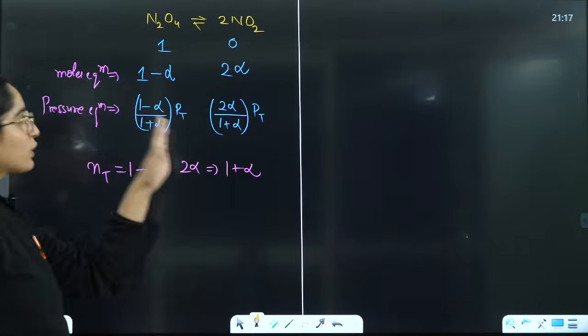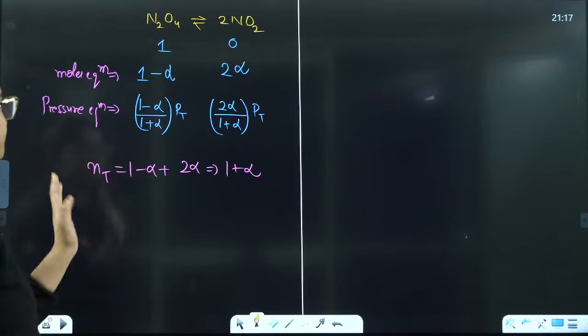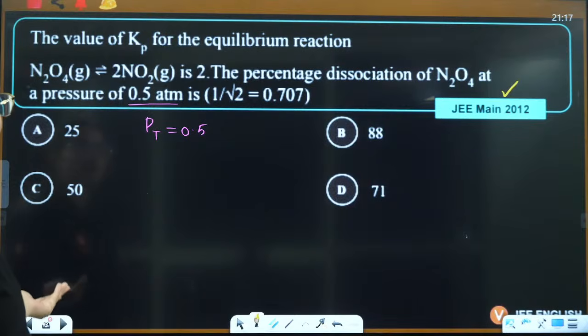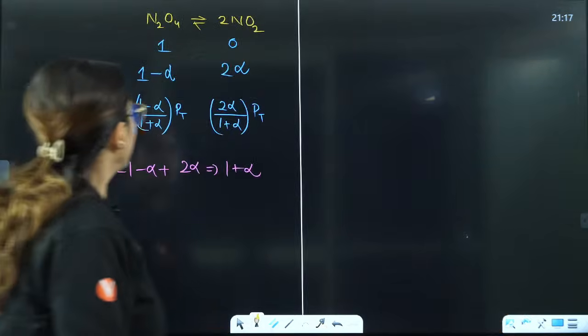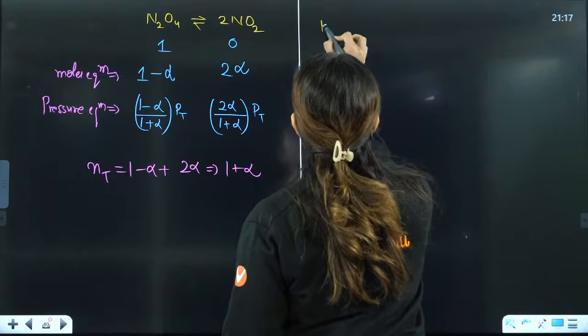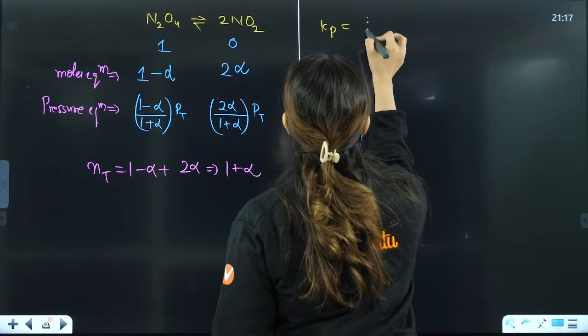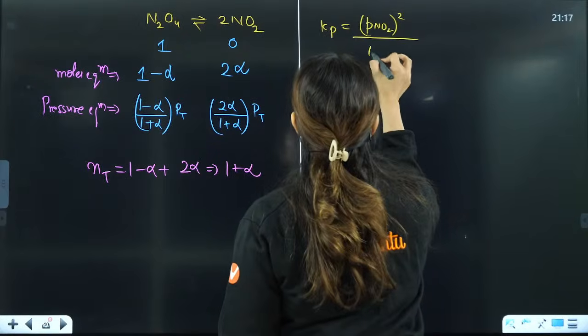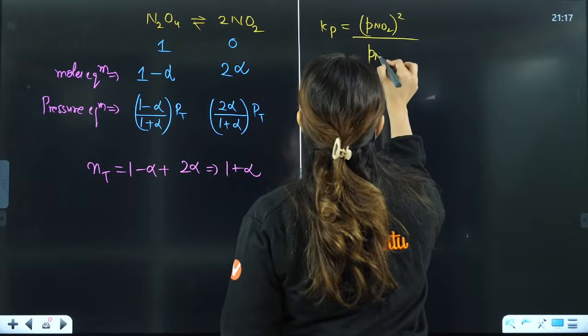Now PT value is given, but alpha we don't know, right? And Kp is also given to us. So I'll solve the value of Kp here, that is given to be 2. Kp is equal to pressure of NO2 whole square divided by pressure of N2O4.